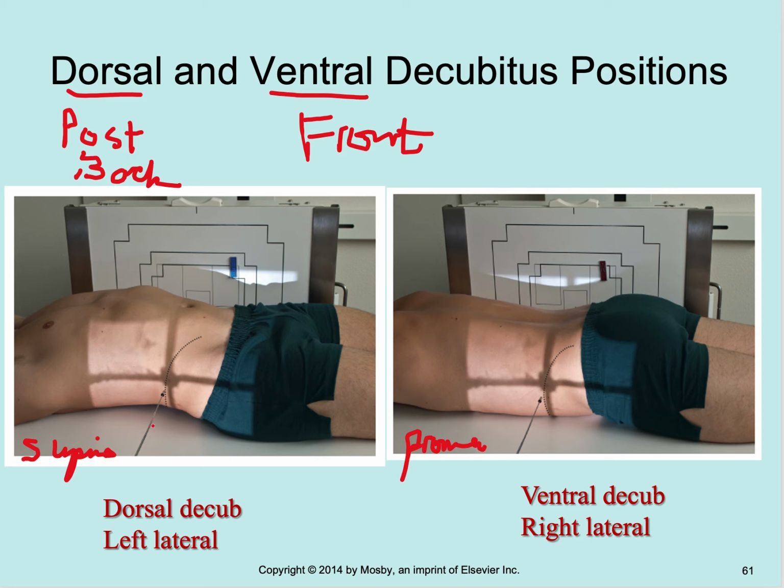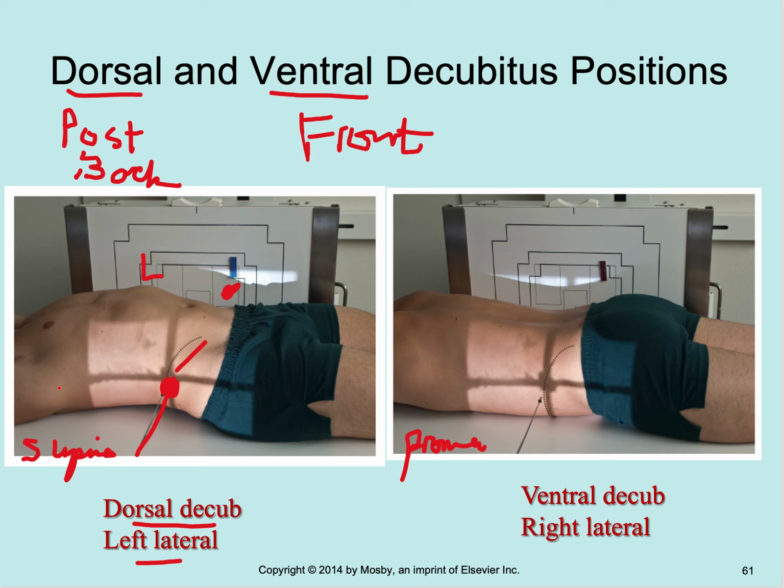Once again, it's got a horizontal beam. So the horizontal beam is entering one side of the patient, traversing through and exiting the other side of the patient. So it's going to either enter right or left side and exit the opposite side. So dorsal decube, left lateral: we talk about the ventral and the dorsal by the side closest to the image receptor.